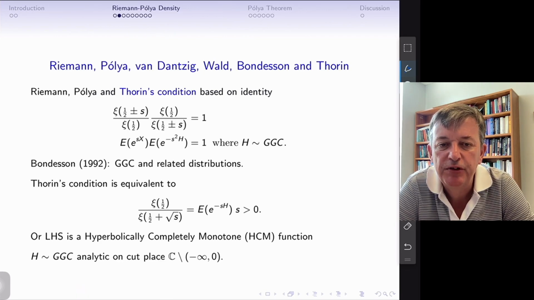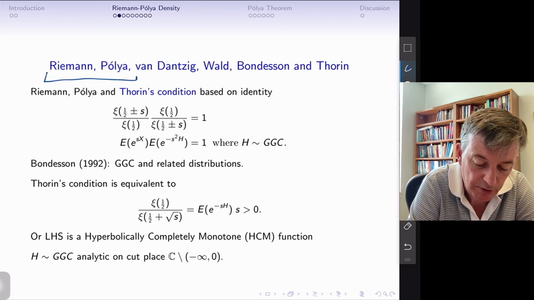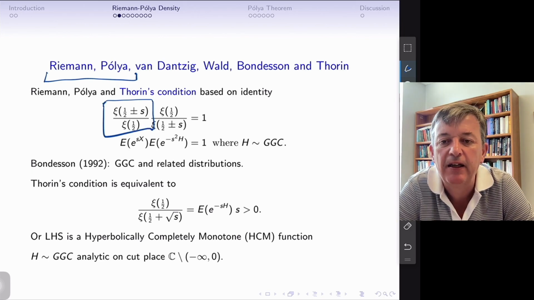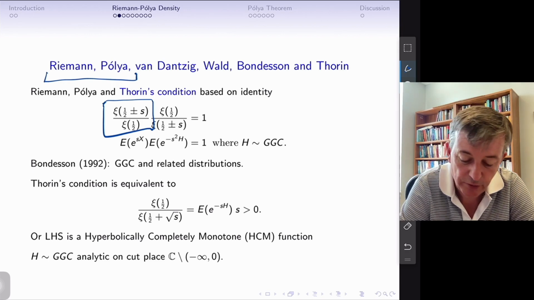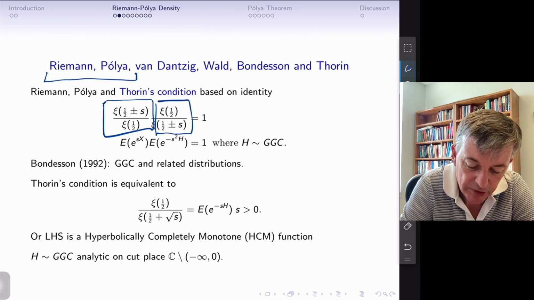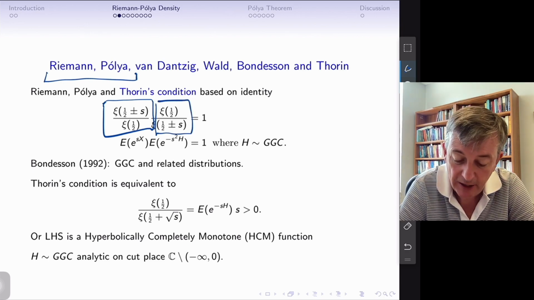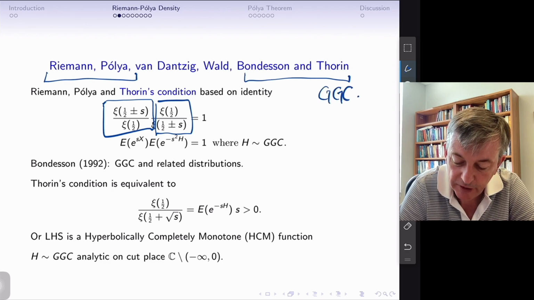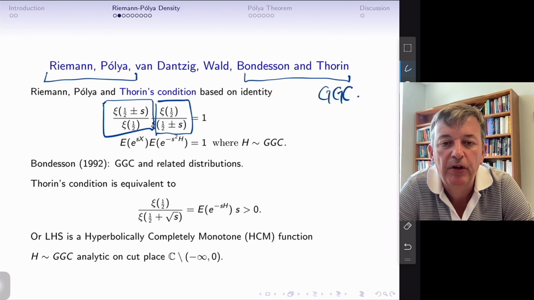Now, in a recent YouTube video, I talked about a dual approach. So rather than just taking this Riemann Polya approach, which essentially looks directly at the psi function, writes it as a Fourier transform, and looks at properties of real zeros of Fourier transforms, there's an equivalent theory that looks at the ratio function, essentially Bonnesen and Thorin, or Thorin's condition, and something called a generalized gamma convolution.